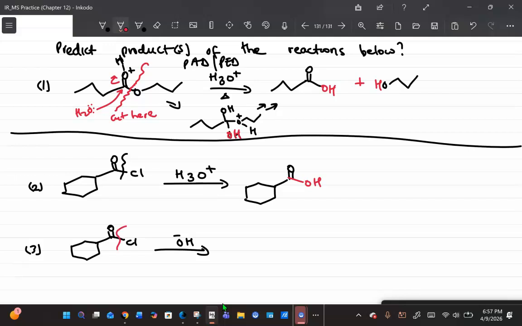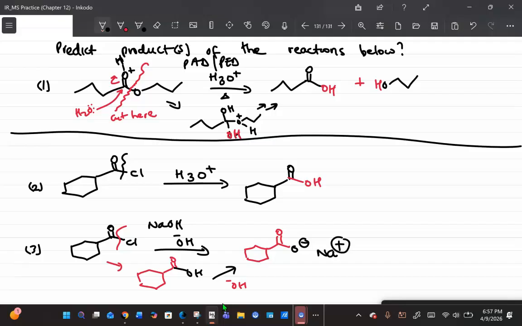This one is going to give you the carboxylic acid, but you are in basic conditions. So you get a carboxylate. That's the catch. Now, if this is sodium hydroxide, you expect to have the Na plus counter ion. Yeah, that's what I was going to ask.